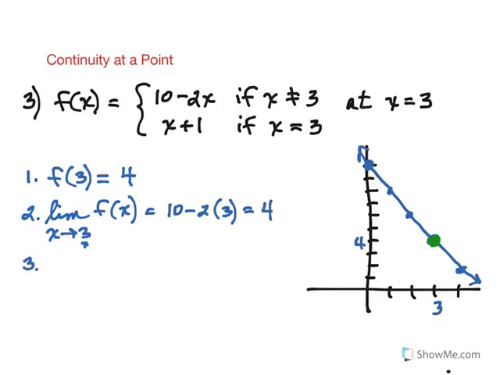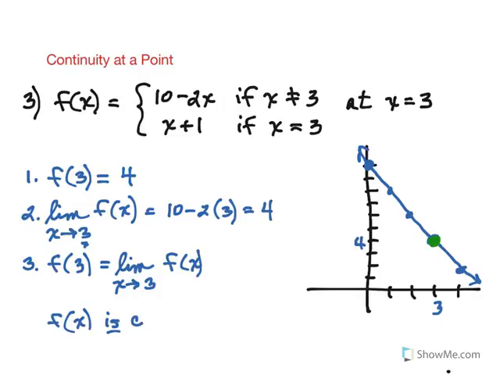The third test, of course, is that the function value has to equal that limit value, which it does in this case. So we would conclude that this function f of x is continuous at x equals 3.